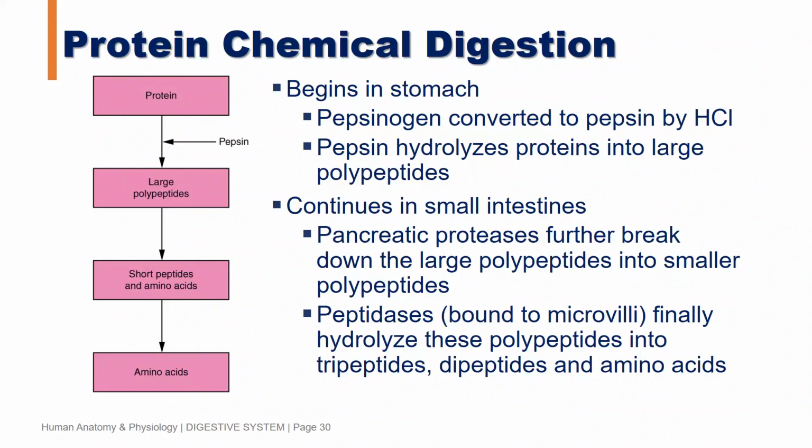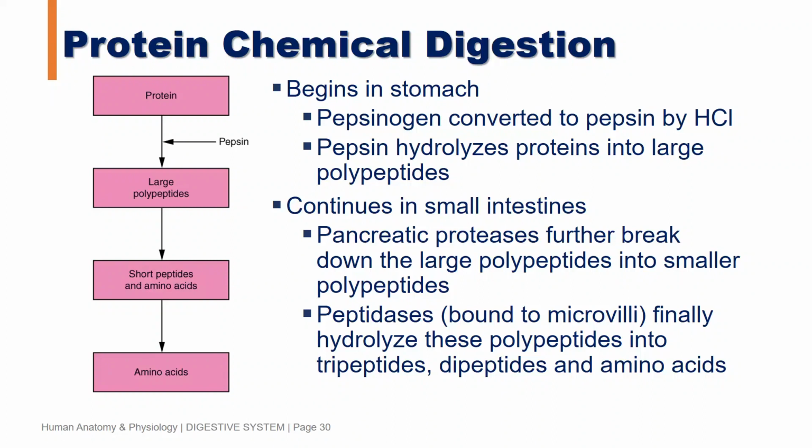Then it continues in the small intestine, where your pancreatic proteases further break down the large polypeptides into smaller polypeptides. Okay, down here, from large to short, it happens because of the pancreatic proteases.